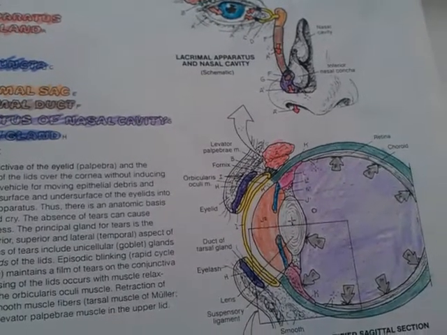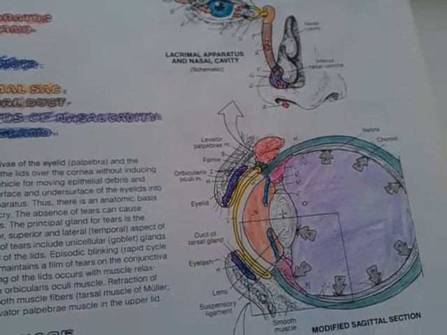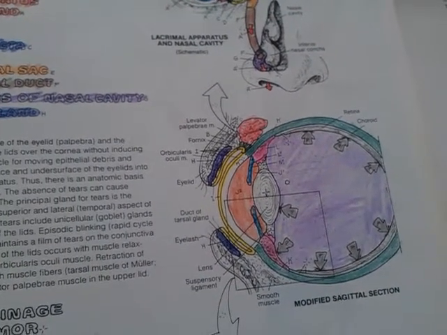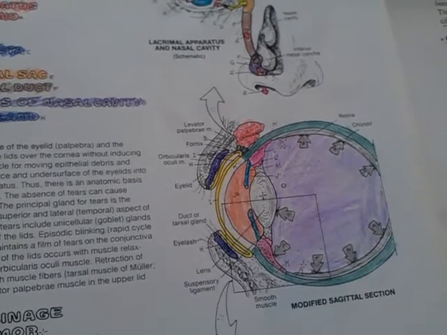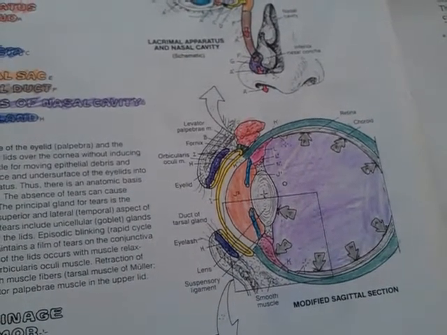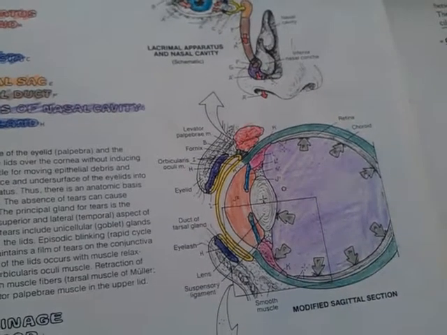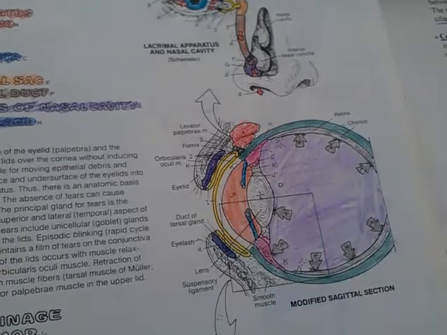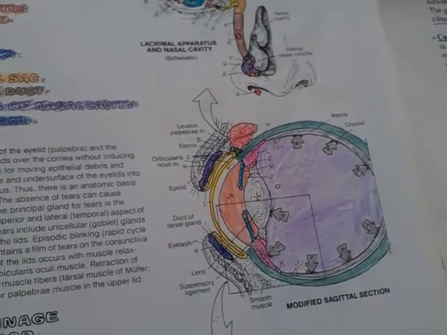The vessels and nerves of palpebrae and conjunctiva are branches of ophthalmic, infraorbital, and superficial temporal artery. Sensory nerve fibers are branches of ophthalmic and infraorbital nerves, and motor fibers are from facial nerve.